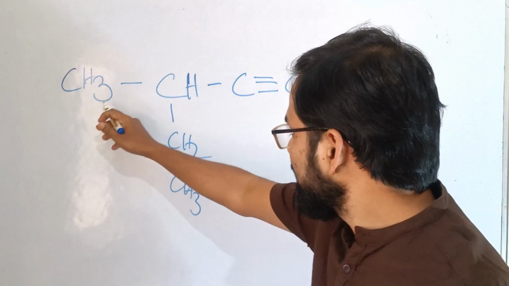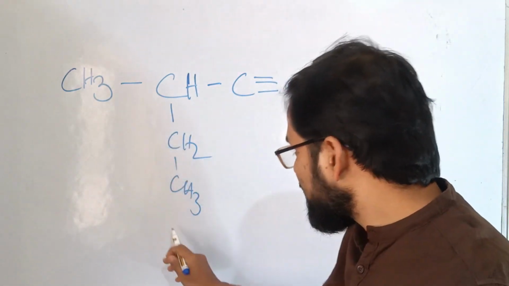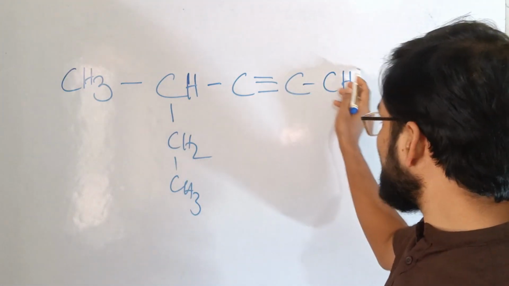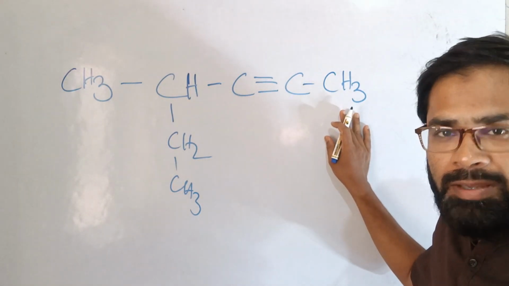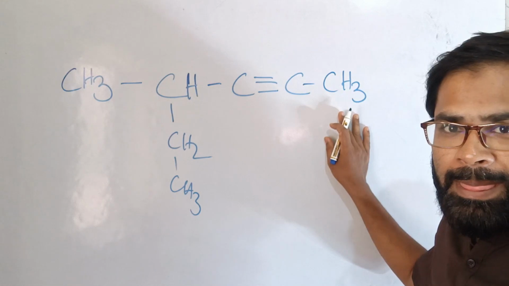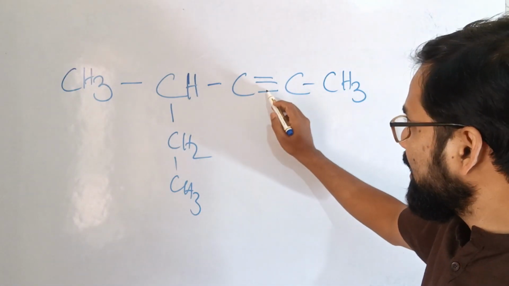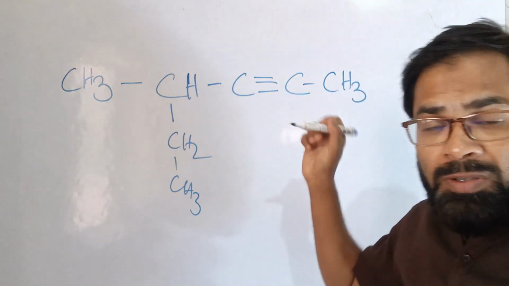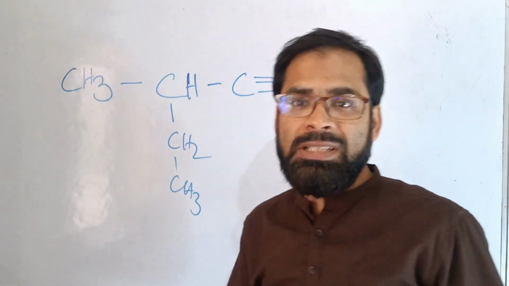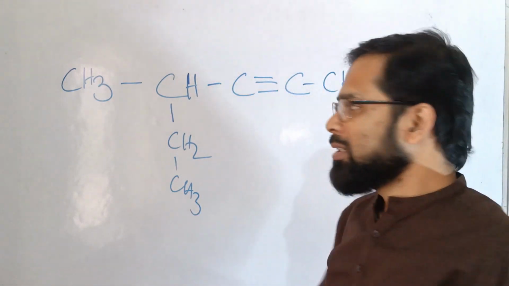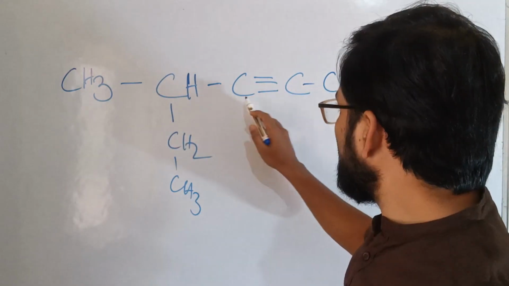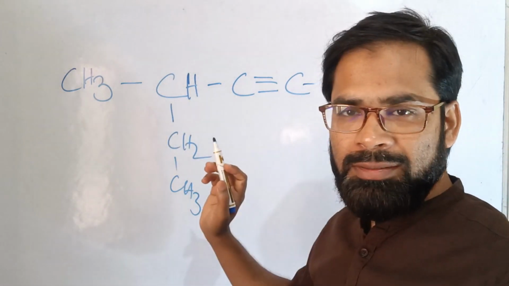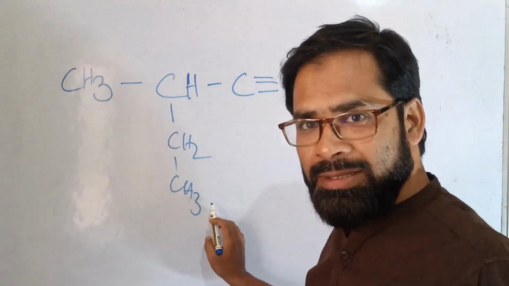If you consider only that portion, this portion you have to consider as a substituent. Since the triple bond is there, definitely it will be part of the longest, principal chain. So 1, 2, 3, 4, 5, 6. Definitely this will be the longest chain.